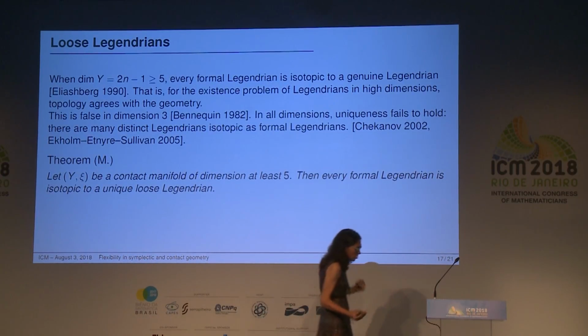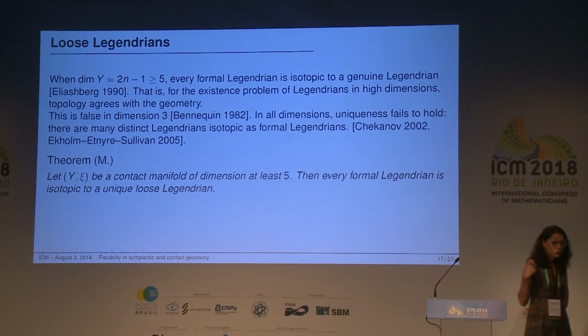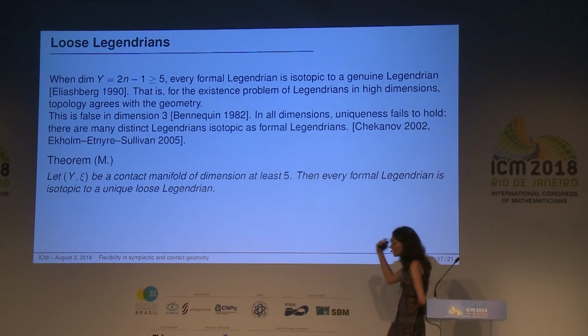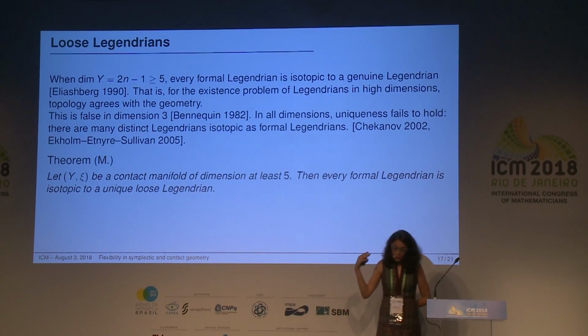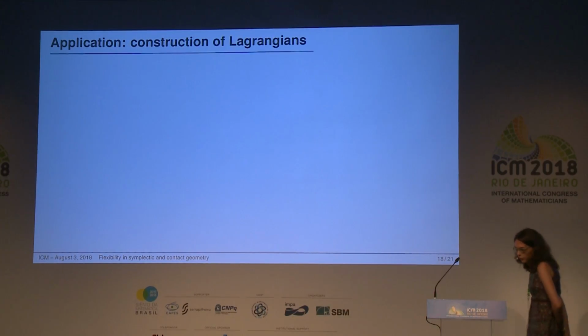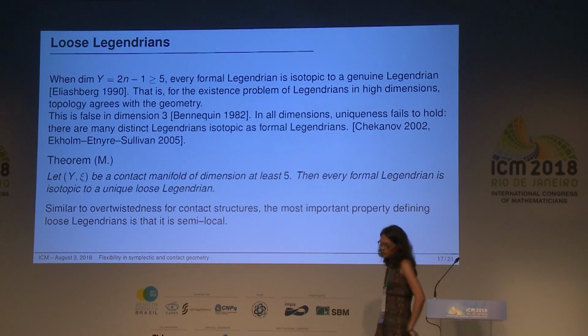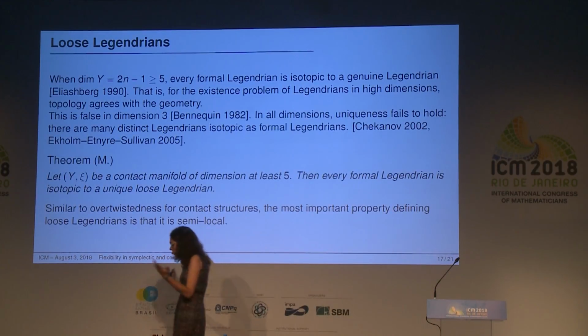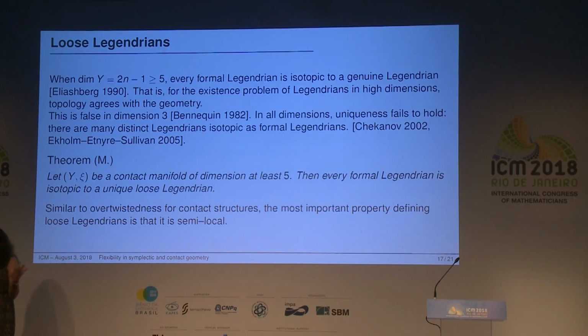So the situation, though, is quite similar to the situation for contact structures, meaning that we have a complete existence result. We don't have a uniqueness result, but there is some subclass where there is a uniqueness result. And just as before, this uniqueness is only interesting so far as we understand what this class is, where it's unique.